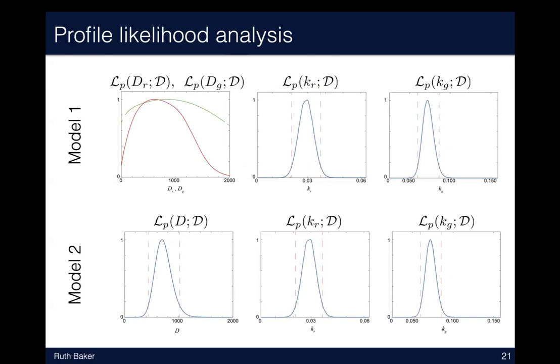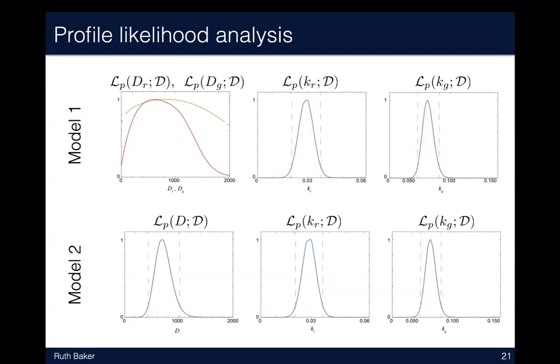So what I've done in this figure is take a fine grid of values of this parameter KR, and for each value of KR, I've calculated the normalized likelihood optimized over the other parameters, so optimized over KG and the diffusion coefficient.